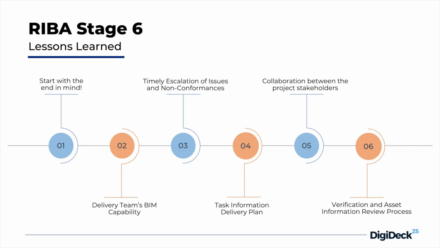And then the last point is regarding the verification process and asset information checks. I'll just compare quickly Project A and Project B in the process that we have. On Project A, we received and verified asset information and level of accuracy. And as-built information was delivered to us shortly after the project was actually handed over to the client.